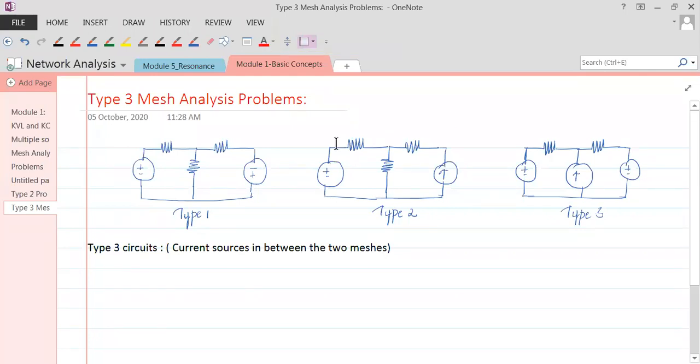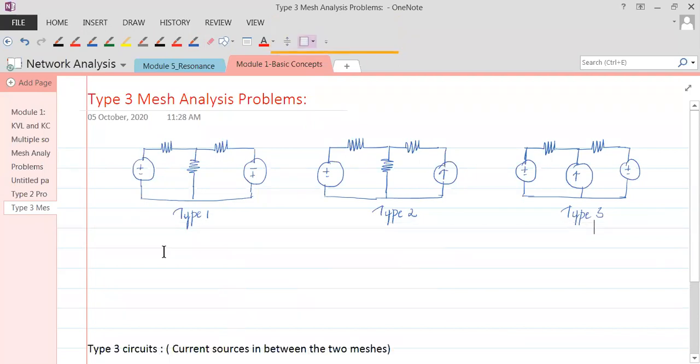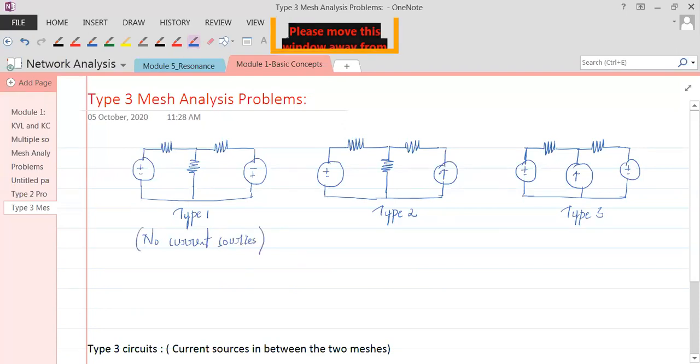In type 1, what was happening? In type 1, let me make some more space for this. In type 1, what's happening? No current sources. In type 2, what's happening? Current sources are there, but on the boundary.